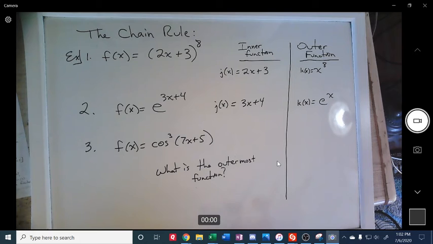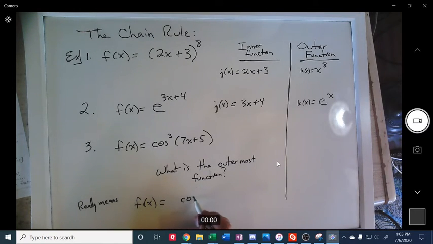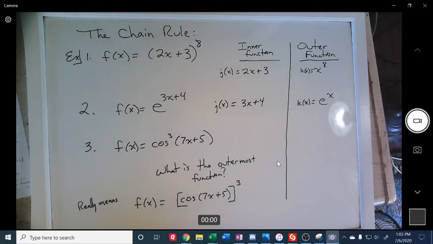This one is deceptive in its format. What this really means is this: cosine of 7x plus 5 that is raised to the 3rd power.